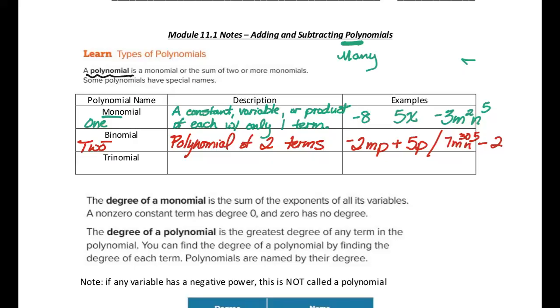And last but not least, we also have trinomial, which means 3, and that is a polynomial of 3 terms.